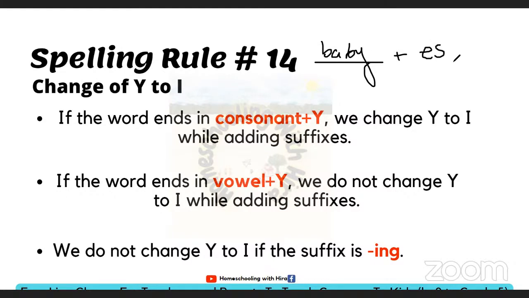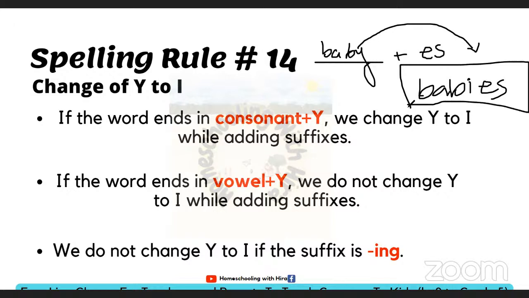I want to make it plural, so I want to add es to it. So what will happen, that Y will change into I first, babi, and then we'll add es. See? But this rule doesn't apply always.